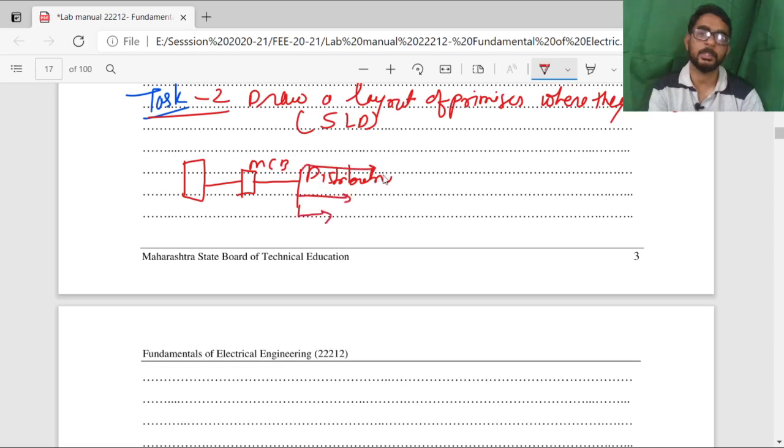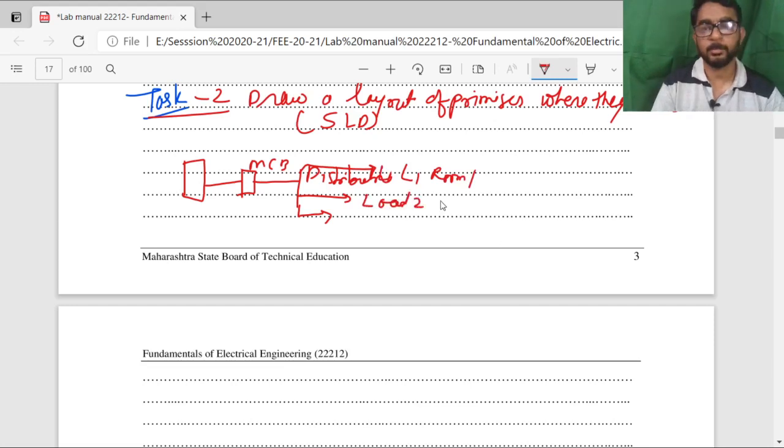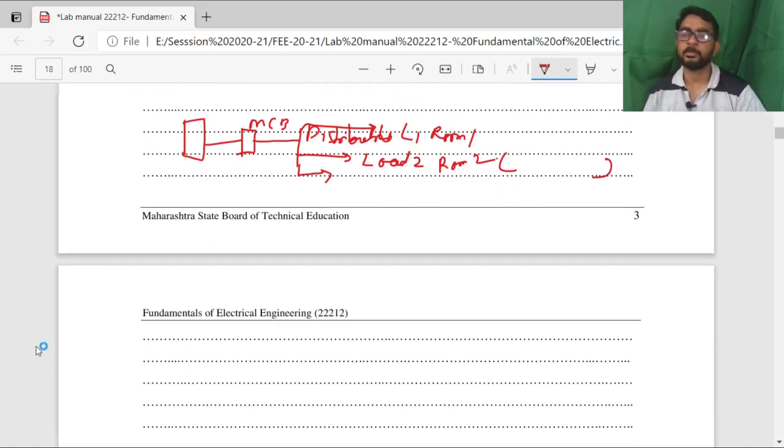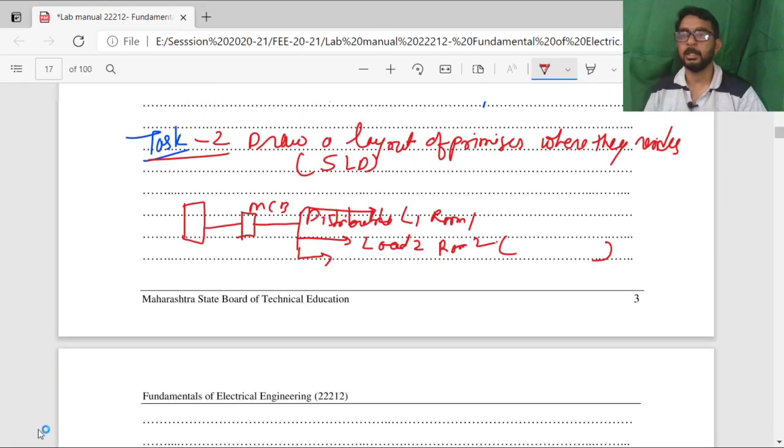Let load 1 be for room 1, and load 2 for room number 2, and in room number 2 the loads that are connected will be written here. In this way, the student can complete task number 2.